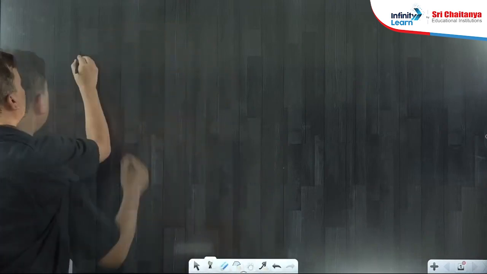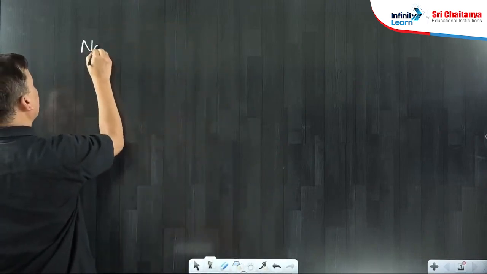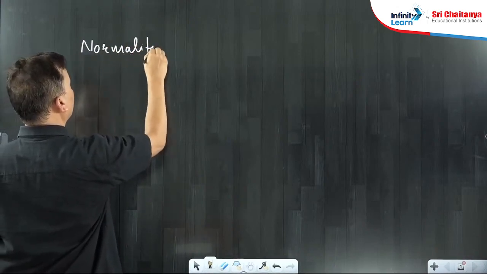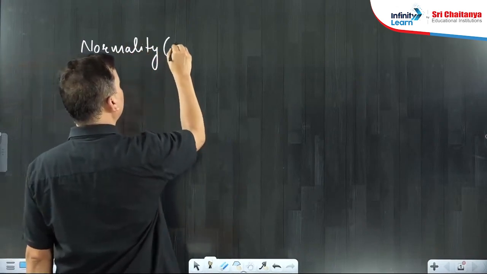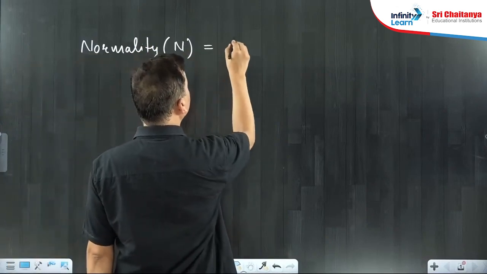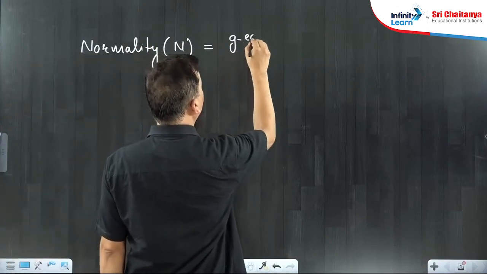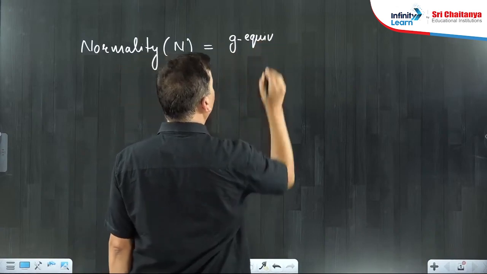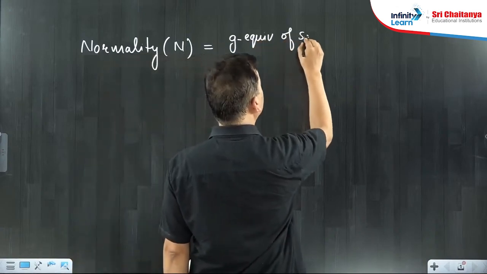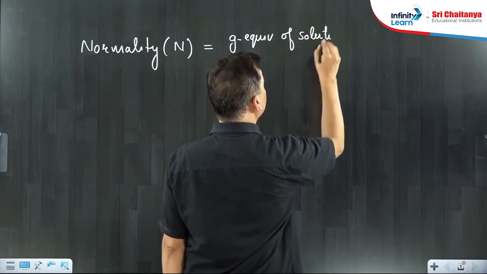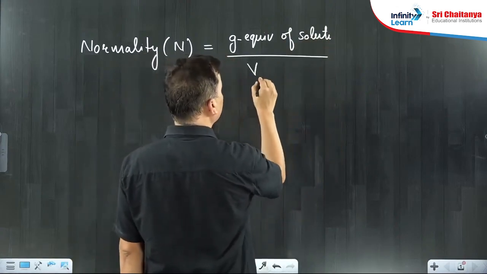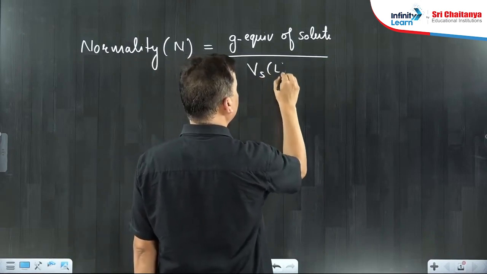Here is normality. Normality is represented by capital N. And I told you the definition: the number of gram equivalents of solute divided by the volume of solution, and that is the volume of solution in liters.